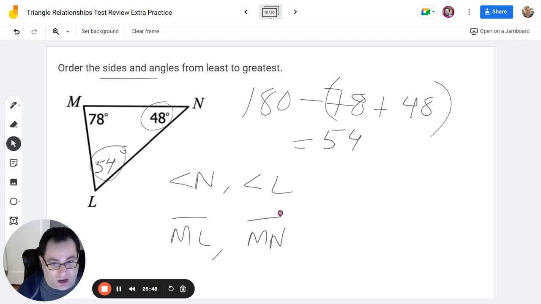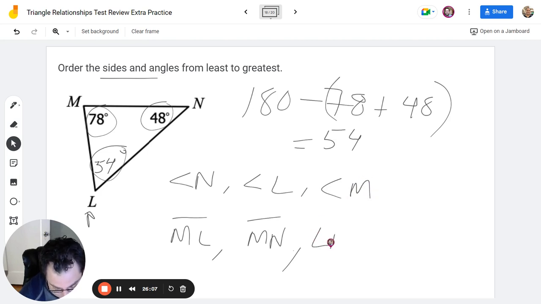Just think, if angle L is the one you're looking at, what are the two letters that aren't associated with angle L? So MN. And then finally, the largest angle is 78, so that is angle M. What are the two letters not associated with angle M? L and N. And that's it.